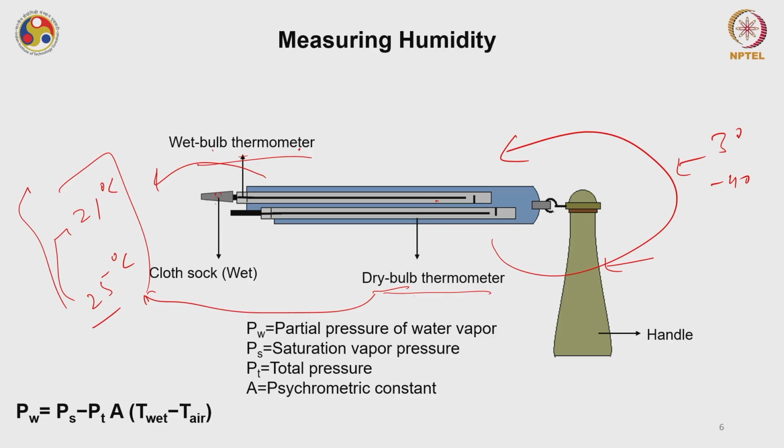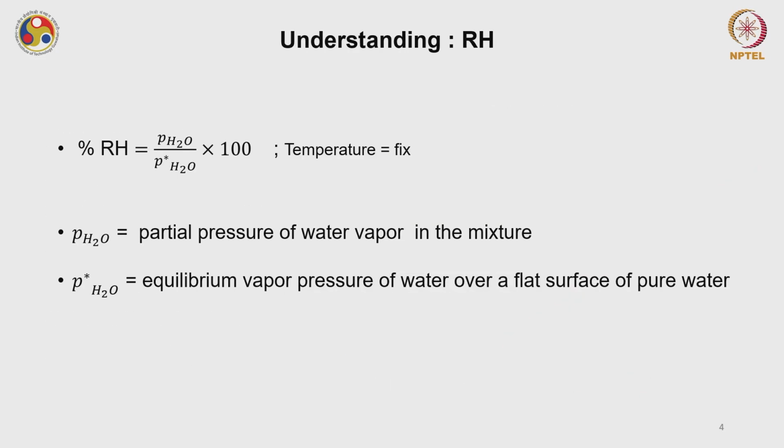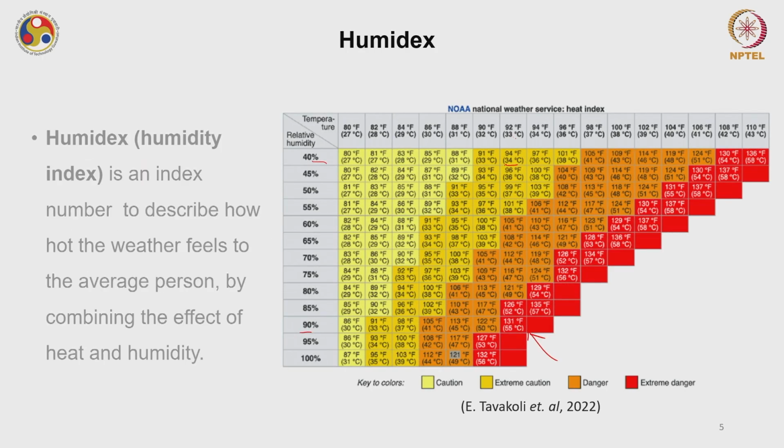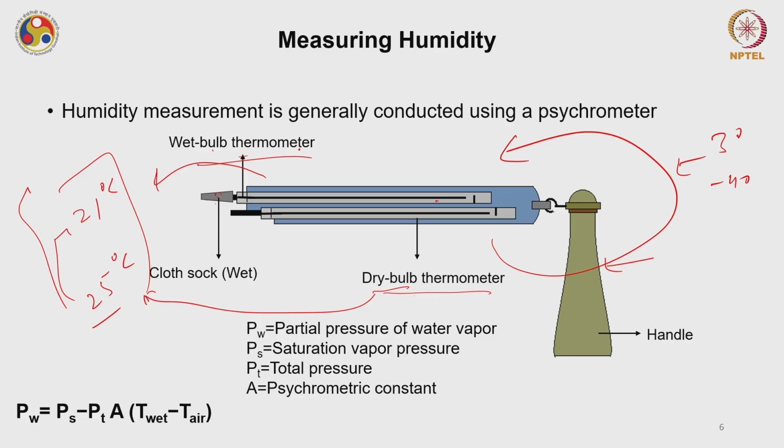So this equation that we have just seen, the partial pressure of water vapor in the mixture divided by the equilibrium vapor pressure of water over a flat surface of pure water, the variables of that definition can be found from this equation on which a psychrometer is based.